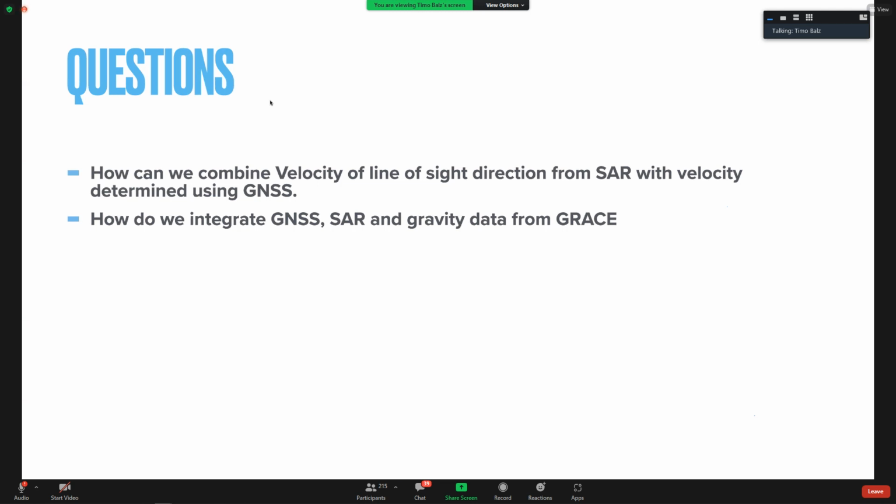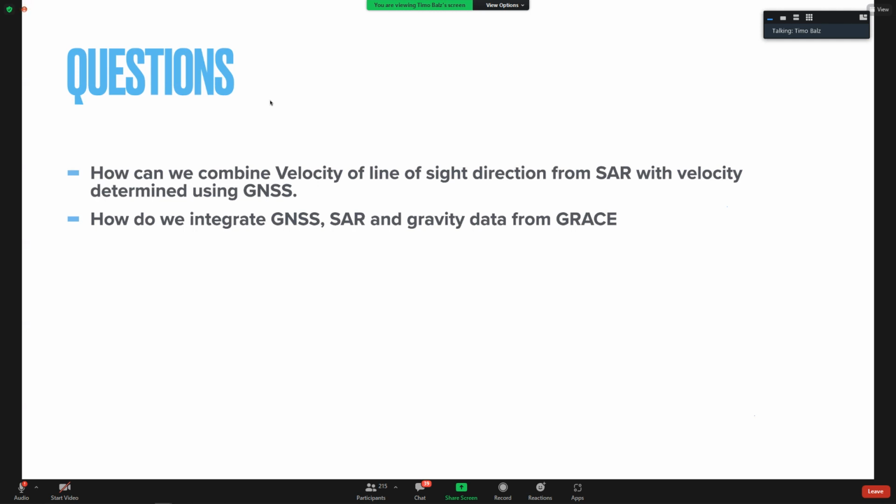First of all, you have to make sure to understand that one is a line of sight measurement and the other one is not, right? So there's a different geometry involved. So you need to correct for the different geometry that you have.